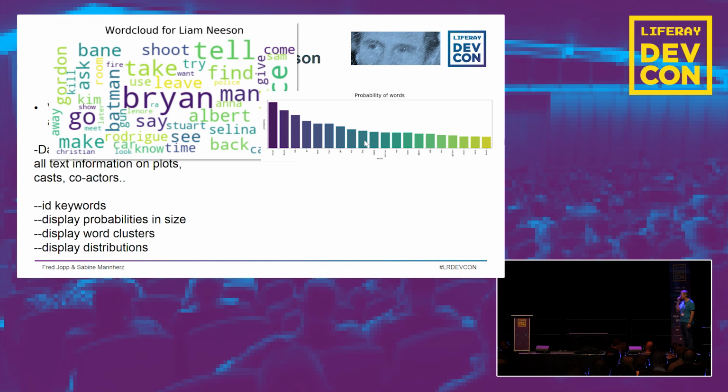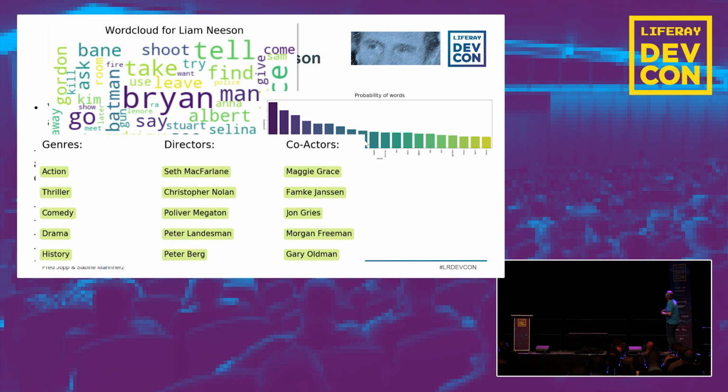On the basis of that, we came up with recommendations for the actor, in our case the user Liam Neeson. We recommended directors, genres, and so on, on the basis of the information that the algorithm analyzed on the IMDb.